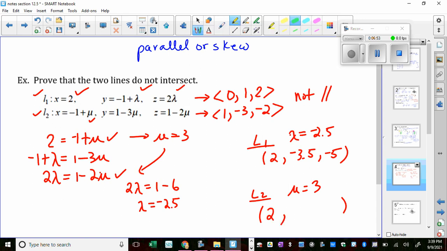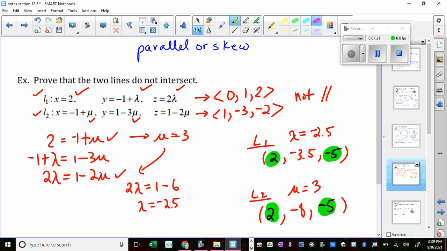Notice these two match because this was one of the equations I used to make it true. Then on the next one, mu equals 3 right here, so 1 minus 9 is -8. Mismatch. And the last one, if mu equals 3, I get 1 minus 6, which is -5. So again, notice the matching right here, and in the one that I didn't use, it doesn't match.